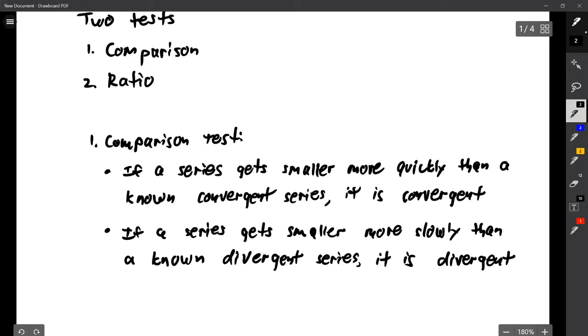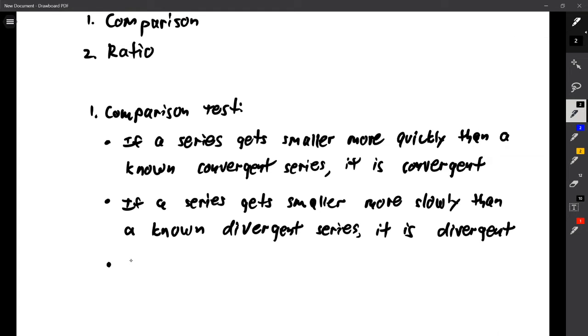Again, divergent series diverge because they're too slow in getting small. And if your series gets small even slower than that, then it must be divergent.